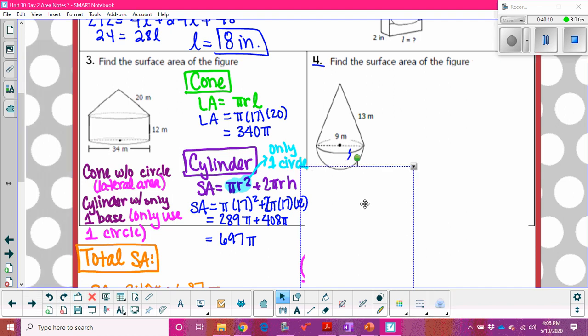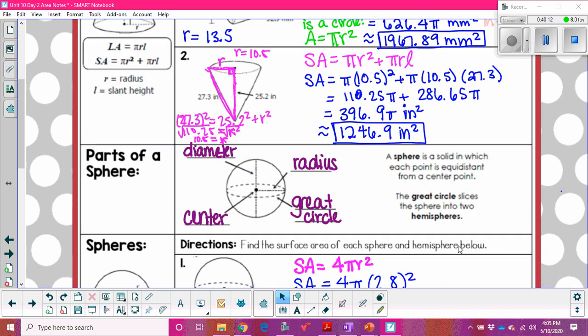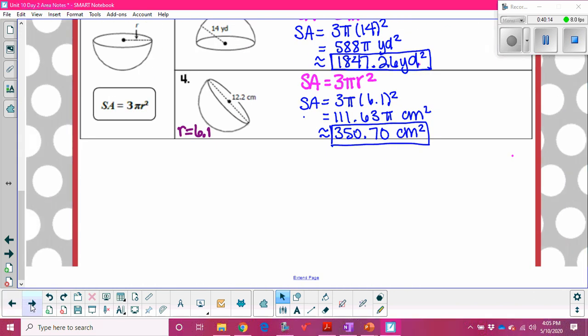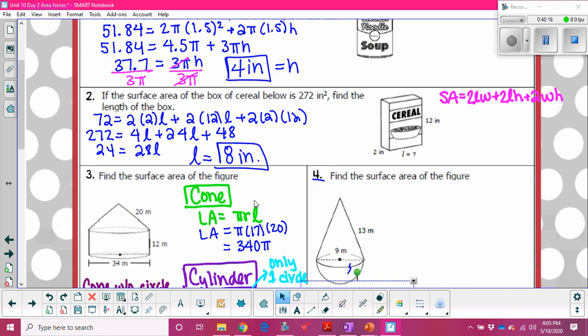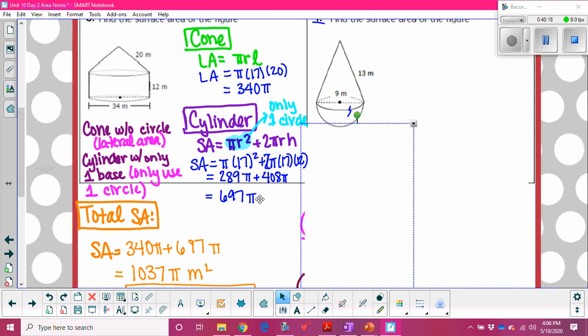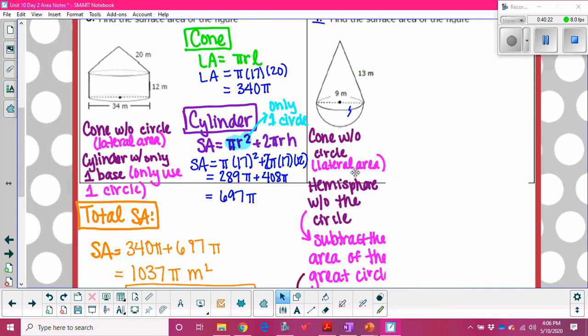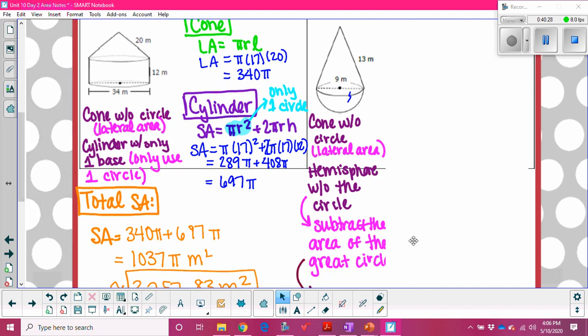So we have a cone without a circle, which is just a lateral area, and you have the hemisphere without the circle. So after you find the surface area of the hemisphere, you're going to subtract the area of the great circle from that.